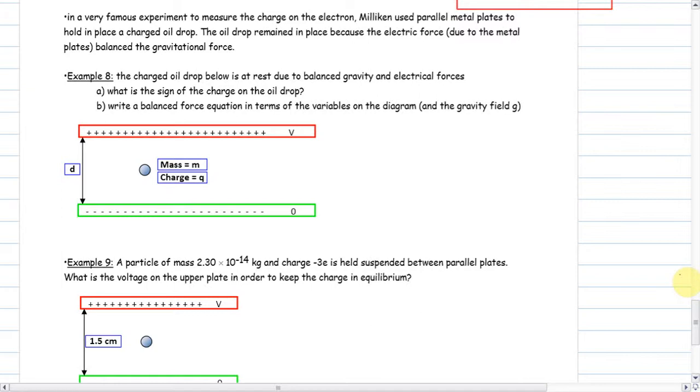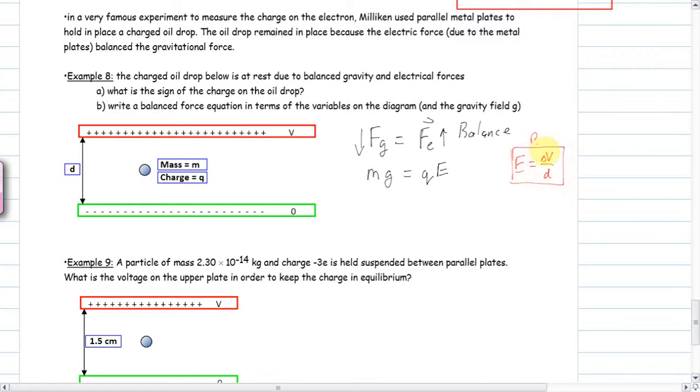So I have this oil drop sitting here in between these charged plates. The force of gravity down has to balance the electrostatic force up. When we add them, they actually are equal to 0. So they have to balance. So the force of gravity down, mg, has to equal the electrostatic force up, qE, where q is the charge on it. And E is, from today, the change in voltage over the separation of the plates.